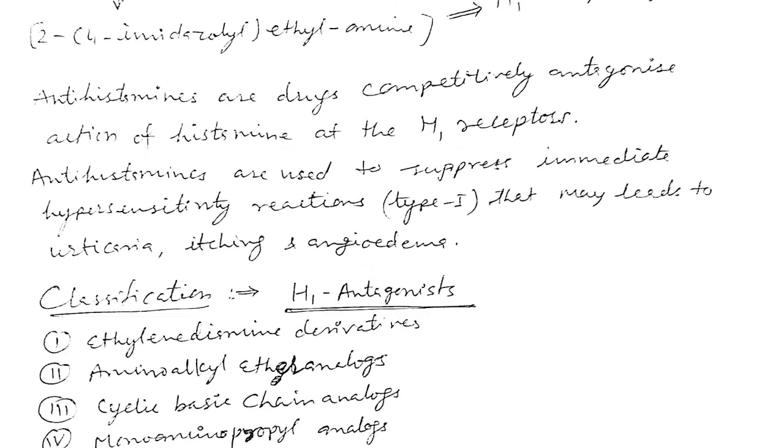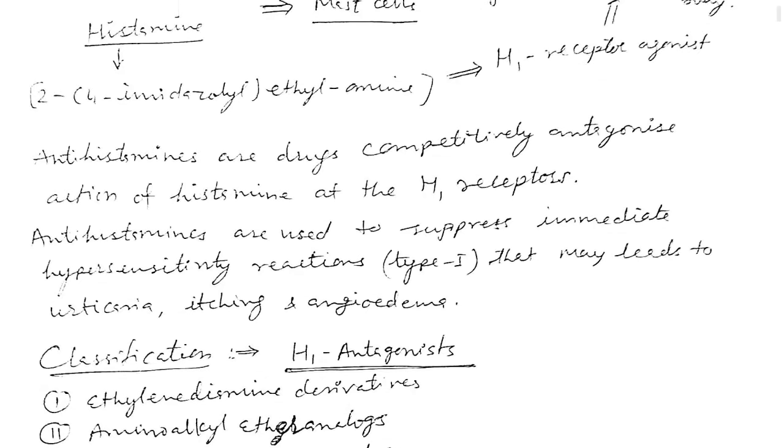The H2 receptors in the stomach may lead to peptic ulcer, so in the treatment of peptic ulcer, or acidity, we will discuss the H2 receptor antagonists. Today we are discussing the H1 receptor antagonists.